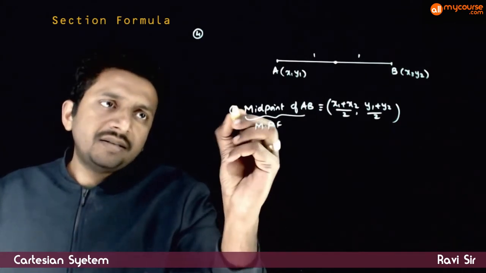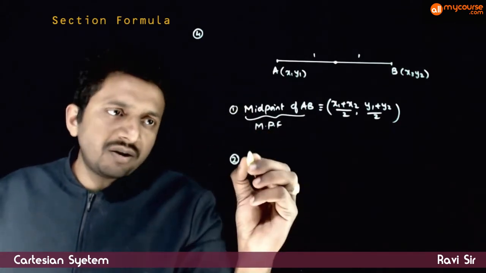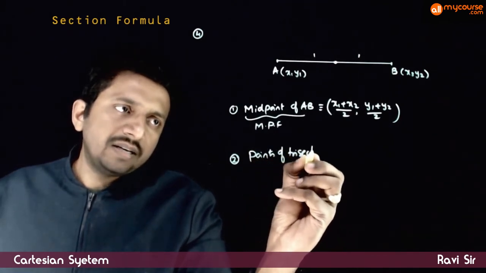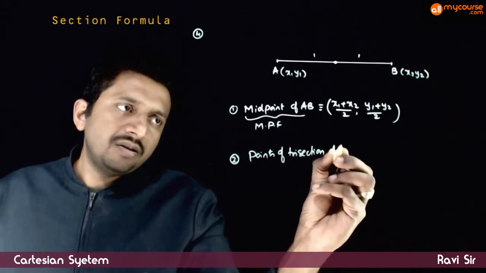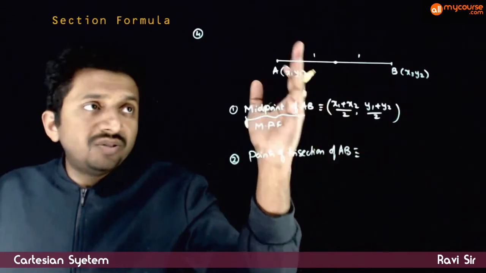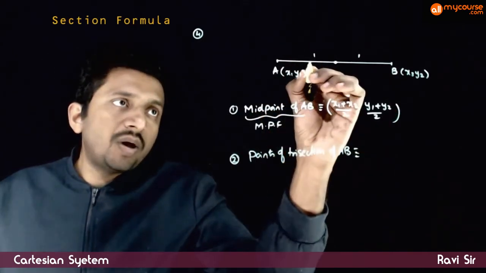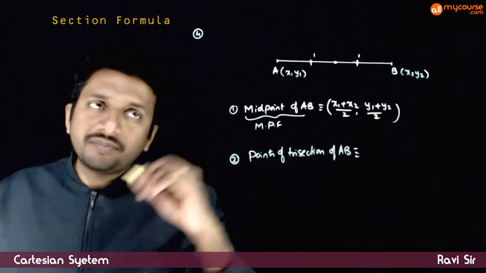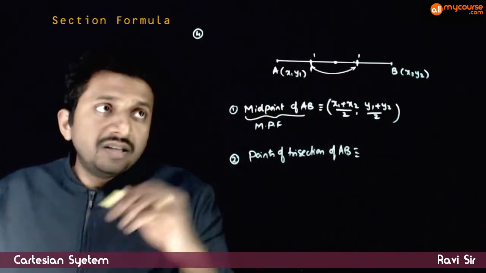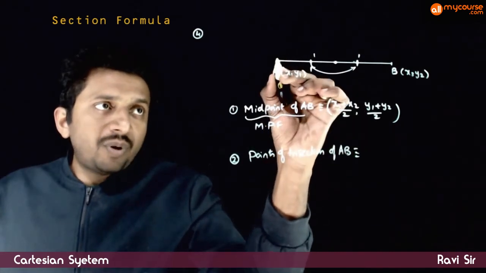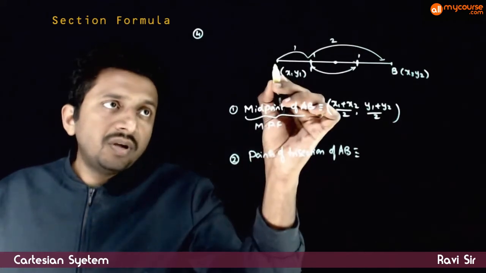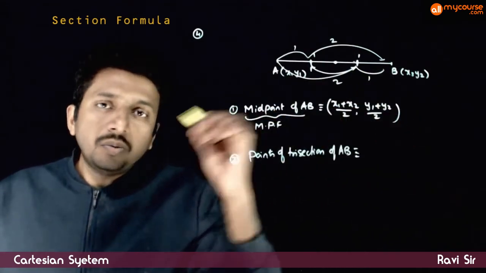And next, if you want the points of trisection, that is the points which divide AB into 3 equal parts. So you get one point here, another point somewhere here. So these are the points of trisection. You can very easily see that the points of trisection divides AB in the ratio 1:2 and 2:1.